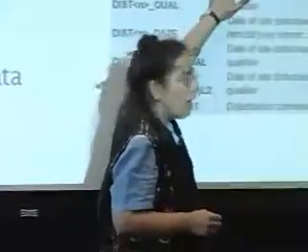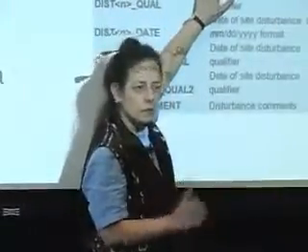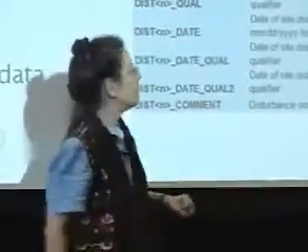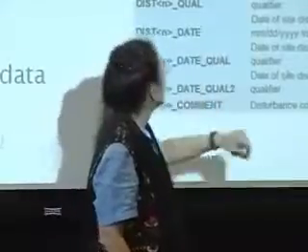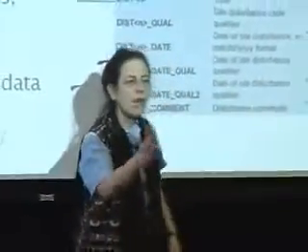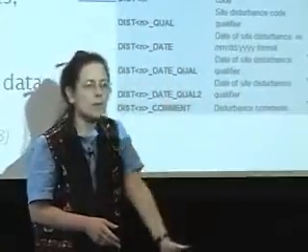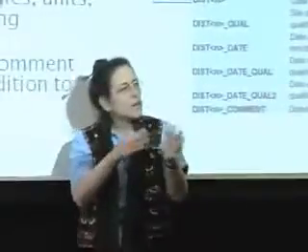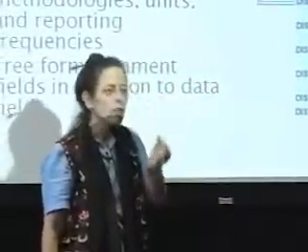An enumerated controlled vocabulary: it's a wildfire, it's a harvest, it's an insect infestation. And specific qualifiers. If it's a wildfire, was it high, medium, or low? Dates. Is the date approximate?